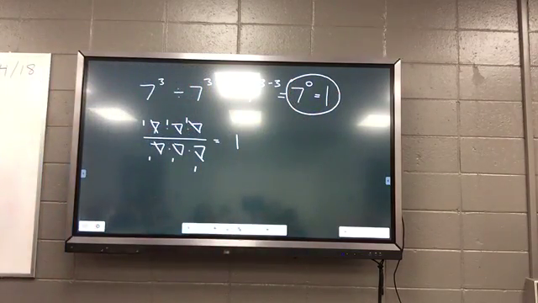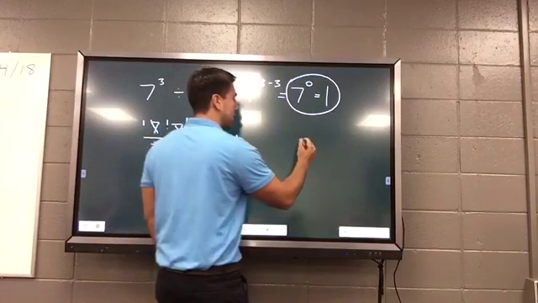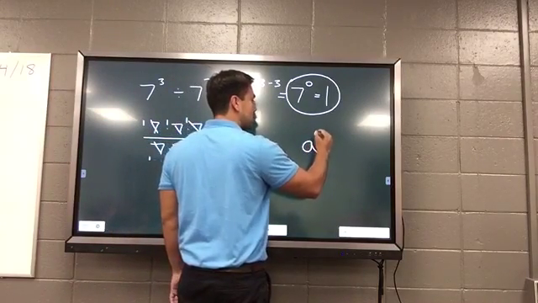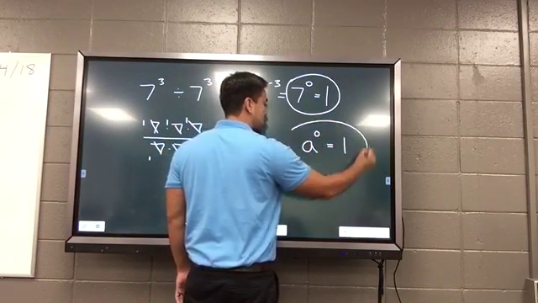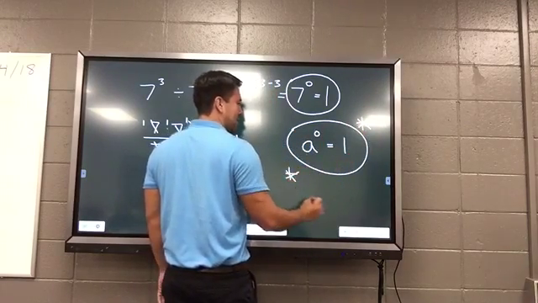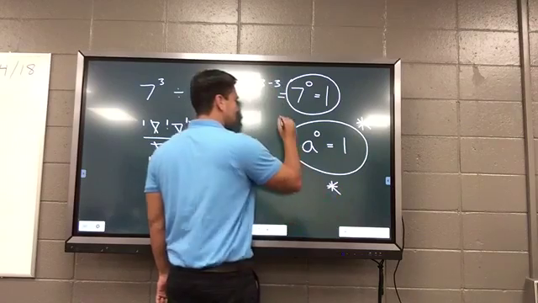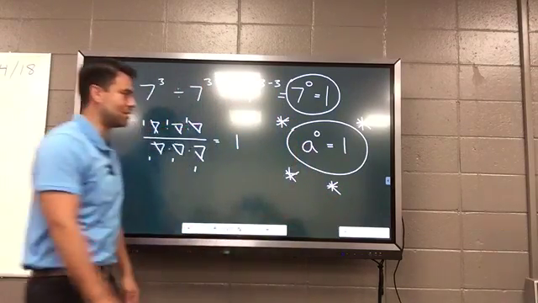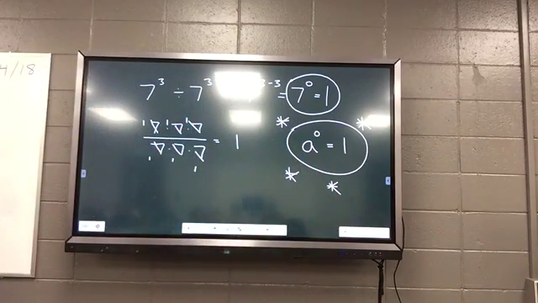I know that any number to the 0 power is always equal to 1. So here's your definition. Any number to the 0 power is equal to 1. You need to know this. I'll put stars out here. Some of you are like, it looks like a solar system. No, it just means it's important. Because I'm going to test you right now.